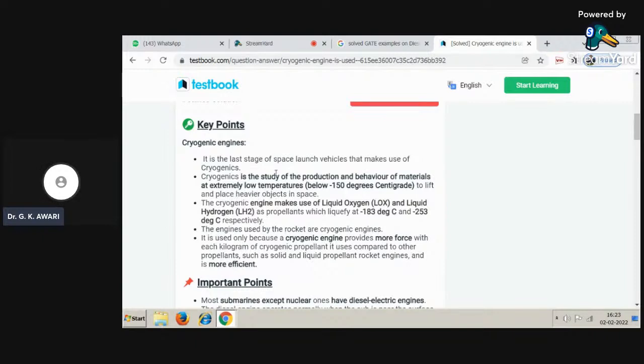It is the last stage of space launch vehicles that makes use of cryogenics. Cryogenics is the study of production and behavior of materials at extremely low temperatures to lift and place heavier objects in space. The cryogenic engine makes use of liquid oxygen and liquid hydrogen as propellants, which liquefy at minus 183 degrees and minus 253 degrees.